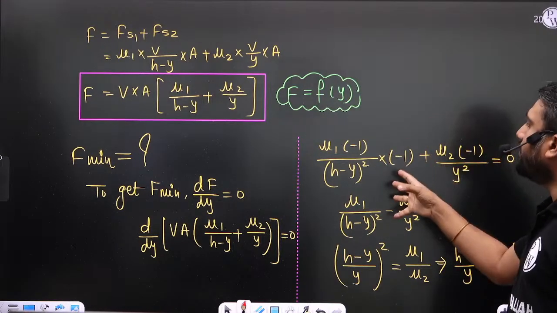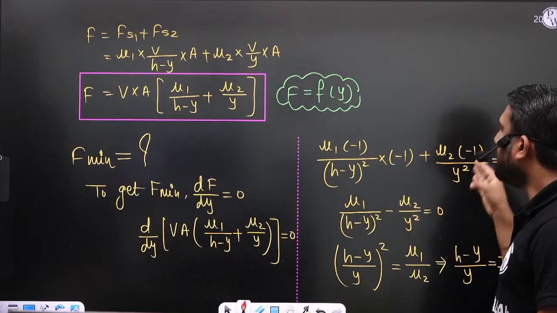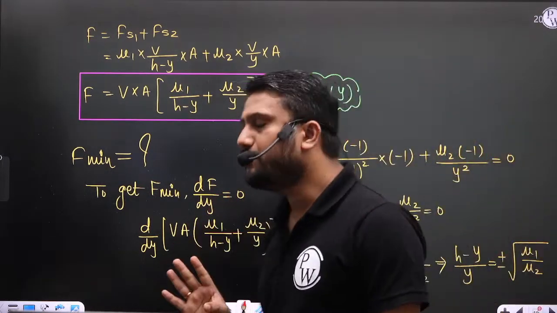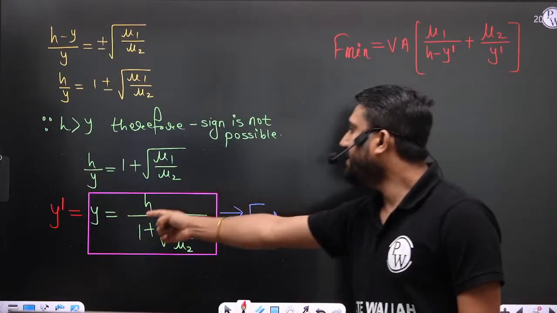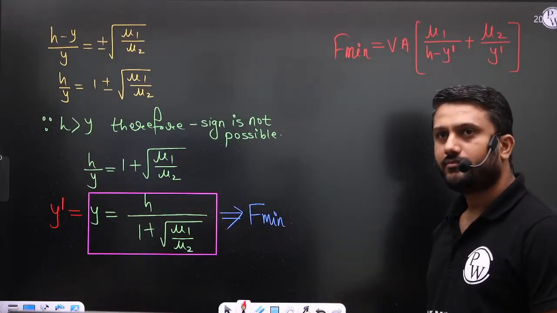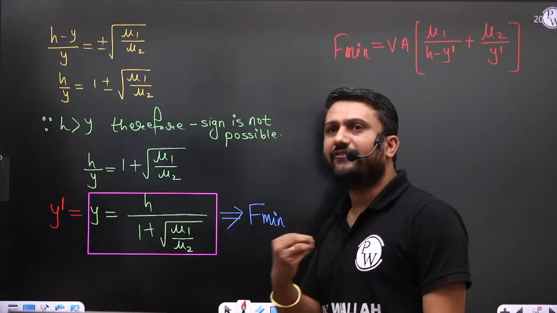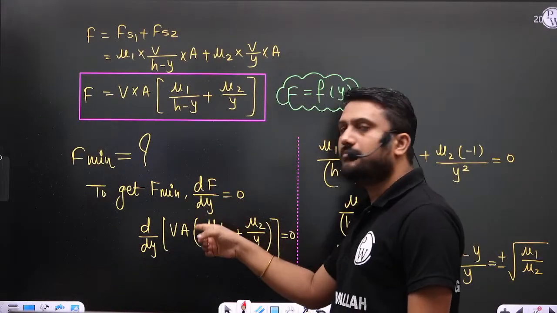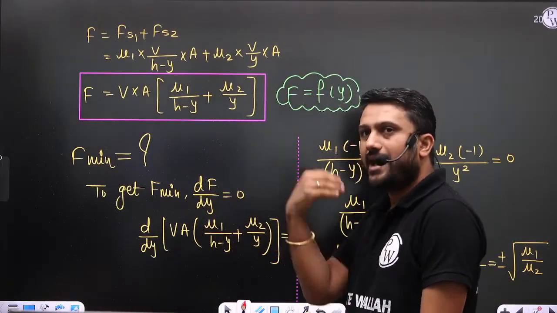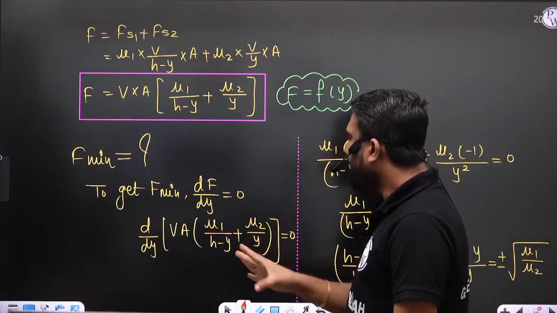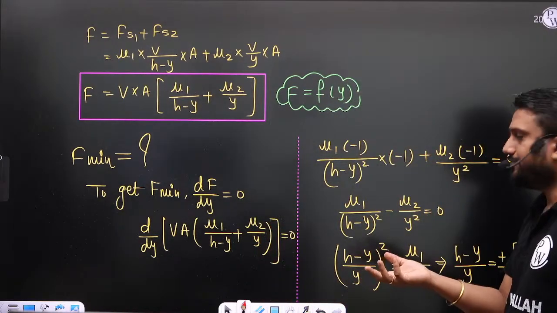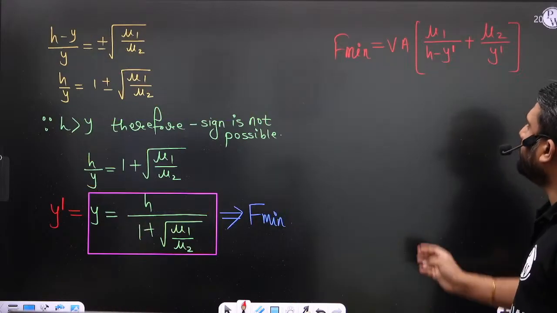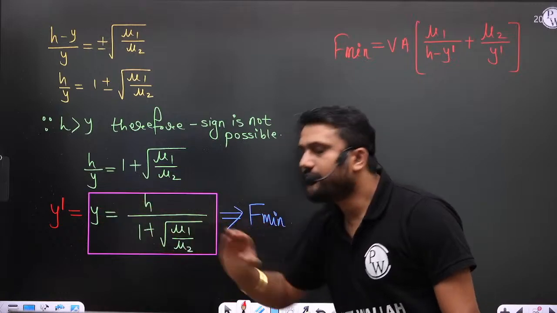If you perform double differentiation, then definitely you will get a positive value corresponding to this y dash. So if you have any doubt whether F is minimum or maximum, perform double differentiation and put this value of y dash.